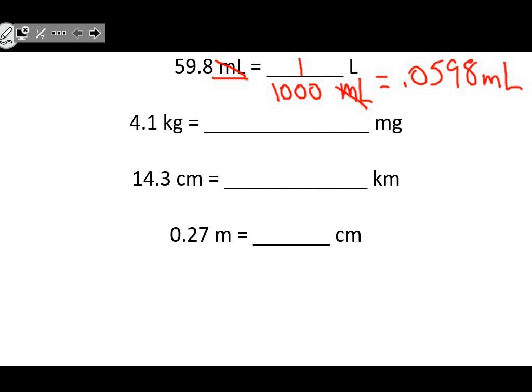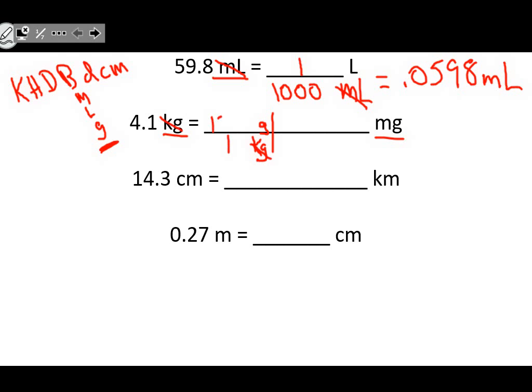Now, with this one, remember, this is a very large transfer from kilograms to milligrams. If we remember our King Henry died by, which is our base unit of meters, liters, and grams, drinking chocolate and milk, all right, we got a pretty far way to go. So I find it best for students to take a pit stop at the base unit. In this case, it'll be grams. So we'll put grams here, kilograms right here.